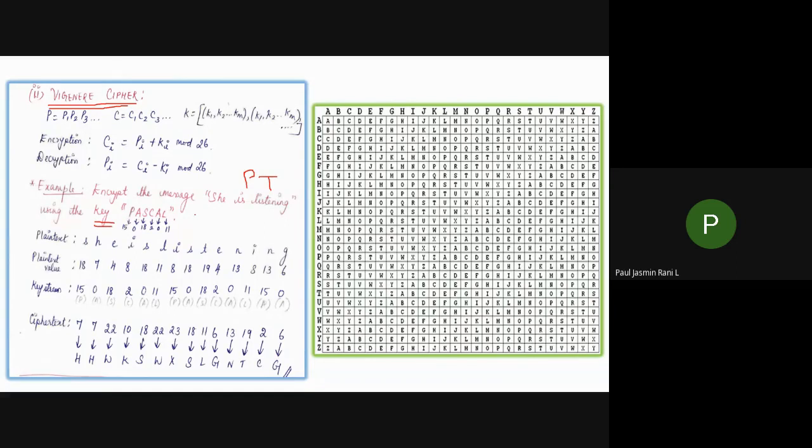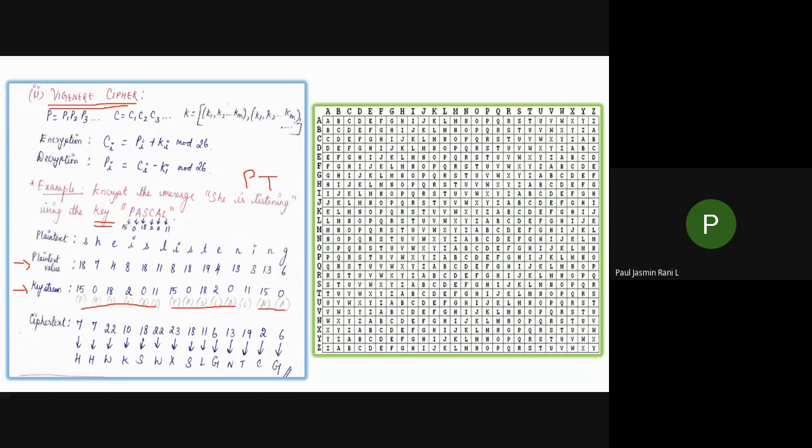The key is Pascal. First you convert the plain text "she is listening" into numbers, and you have to follow the key stream. After completing Pascal, you start repeating Pascal again, then PA.